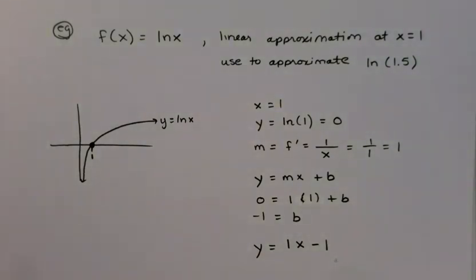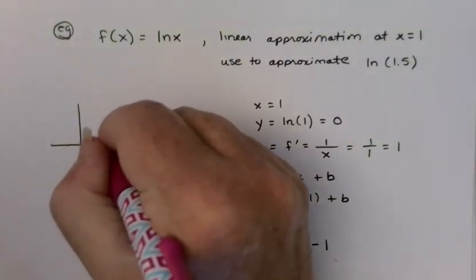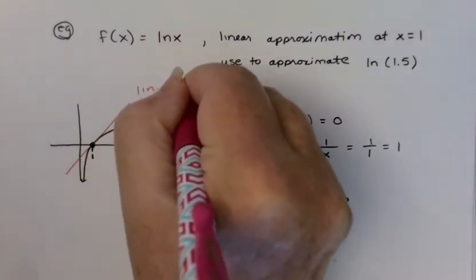Now, linear approximation was just a fancy way of saying the tangent line, right? Because it's a linear function that approximates the function.